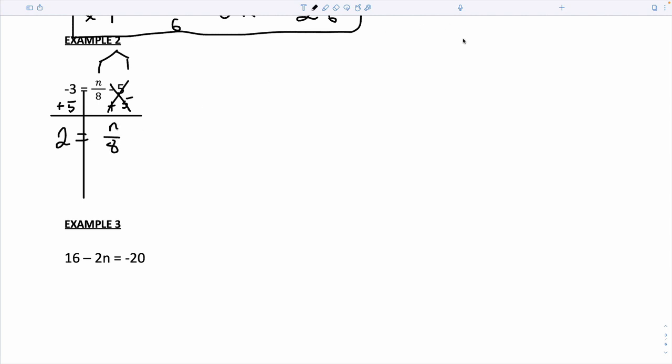N over 8, let's compare it with this. If the 8 is next to the n, this means multiplied if it's squished together. If you have a fraction bar, what operation does that mean? Division. Anytime you see a fraction bar, it's the same thing as division. N over 8 is the same thing as n divided by 8.